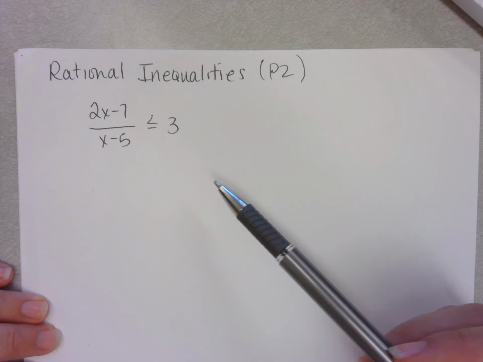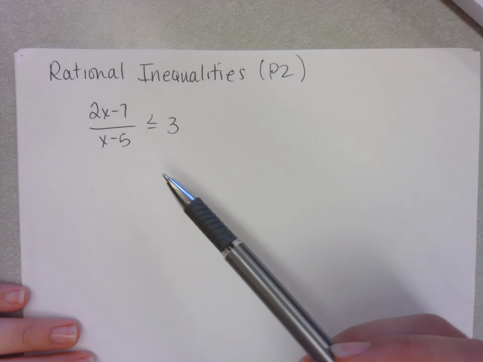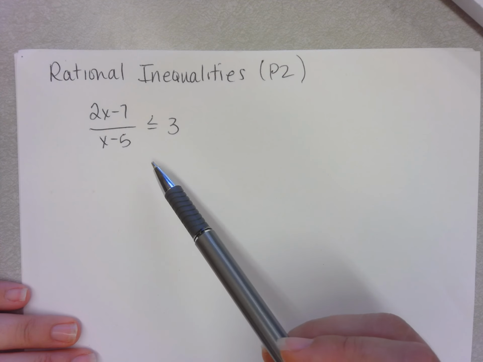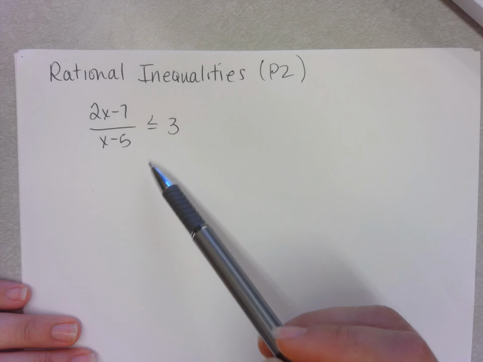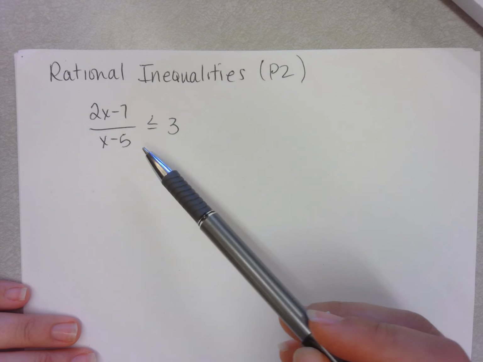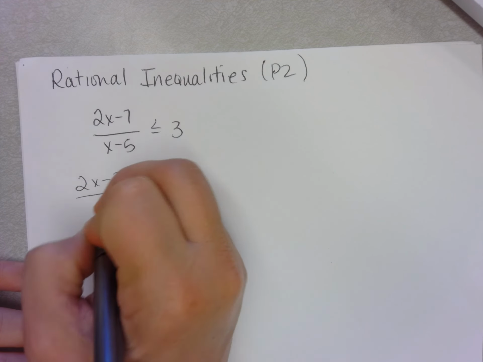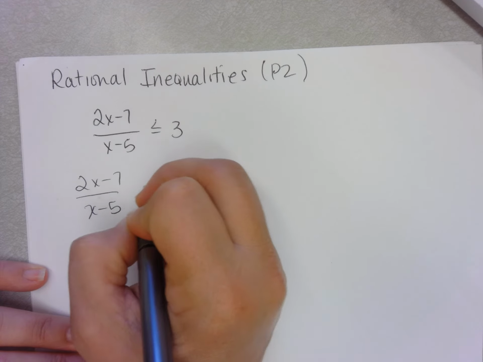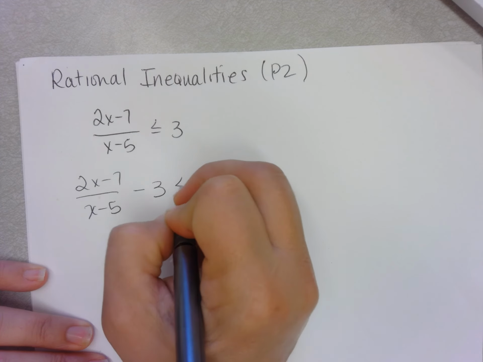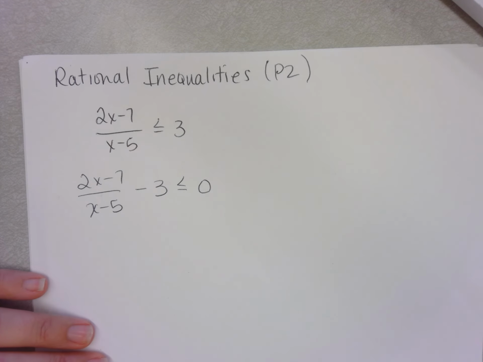I move everything to one side so that I have 0 on one side, but the extra step of a rational inequality is that I need one single fraction. So I need to move this 3 to this side. I'm going to have (2x minus 7) over (x minus 5), minus 3, is less than or equal to 0. Now I want to get a common denominator.